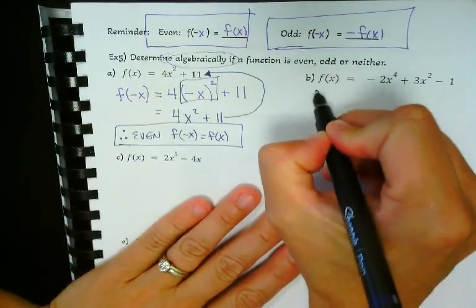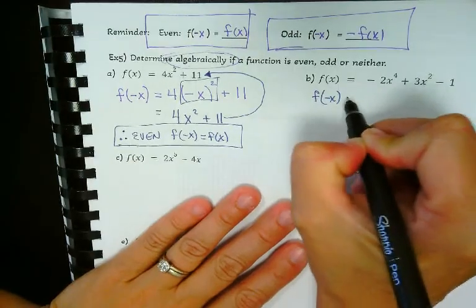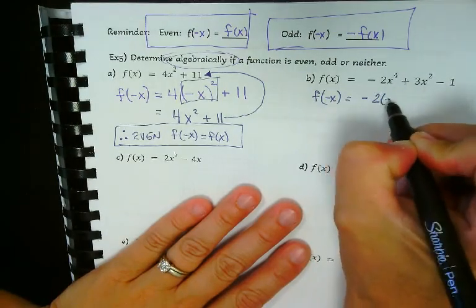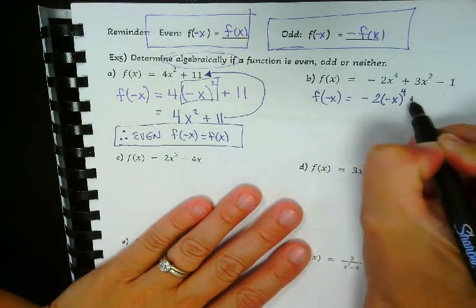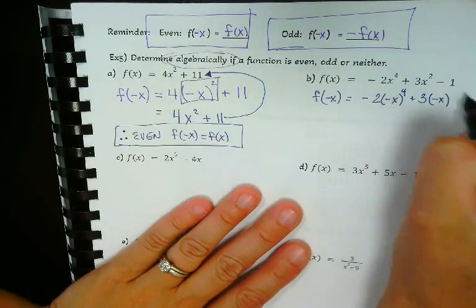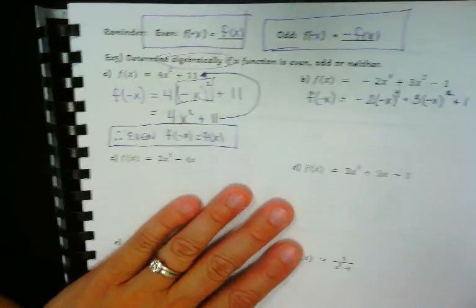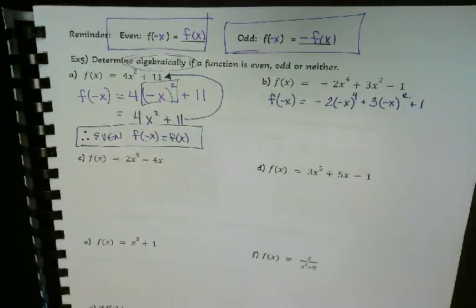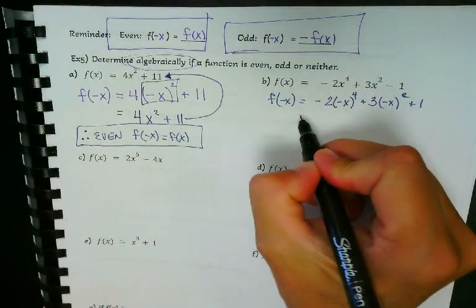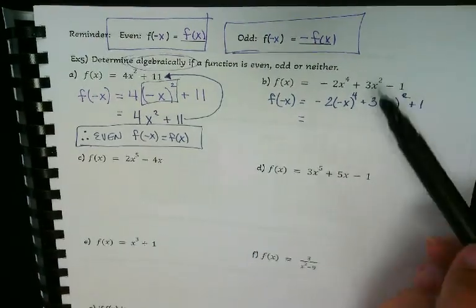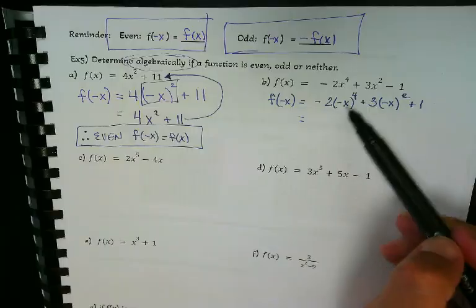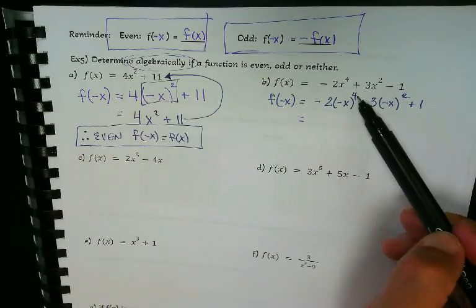So let's try B. I'm going to substitute in my -x with parentheses. And then talk through what you get. -x to the 4th. So if I have a -4 times, that turns into a positive.